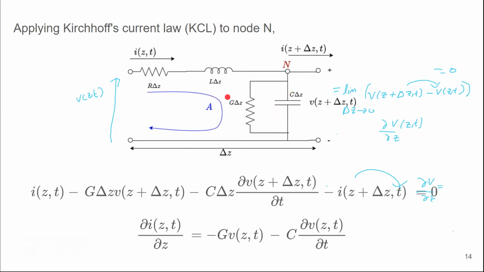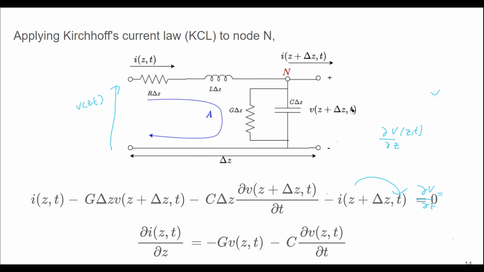So when we take the currents that are reaching the node N, we can write the current incoming from the left side as I(z,t), and then the current flowing out is I(z+Δz,t), therefore we put the minus sign there.